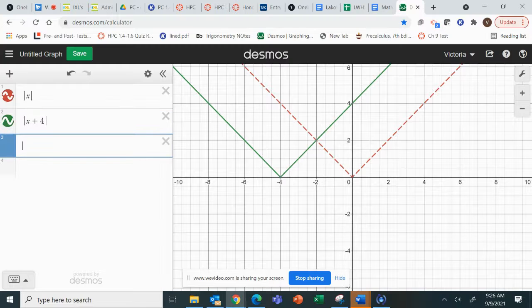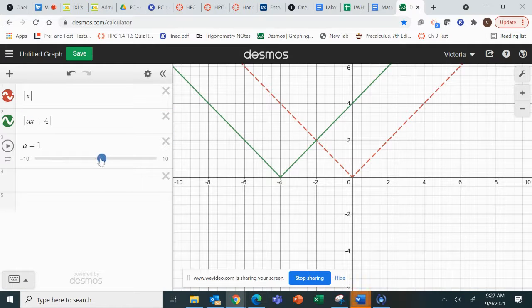So now when I do absolute value 2x plus 4, I'm going to do it this way. Hold on. Just make this like a variable. That way I can do it slowly.